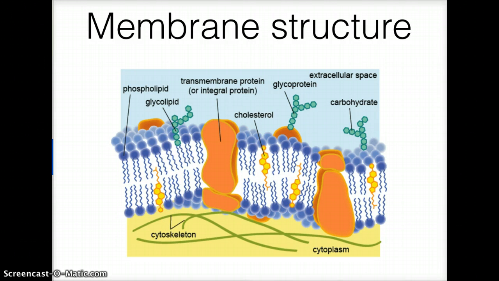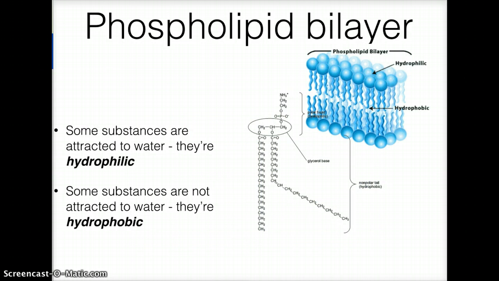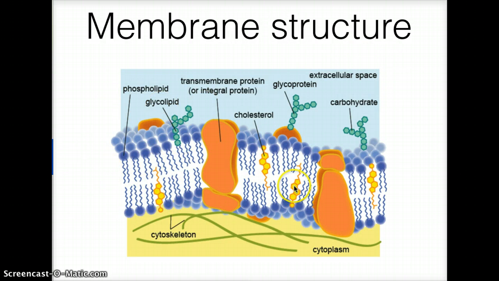Okay, jumping to the very last slide I have, membrane structure, which is how we actually see the whole bilayer itself. This is only a small part, but a very important part of the membrane structure. Here we have the phospholipid, and we have a protein here, the transmembrane protein or the integral protein.